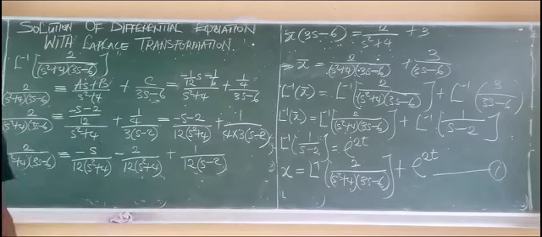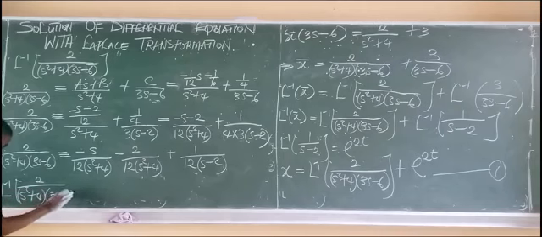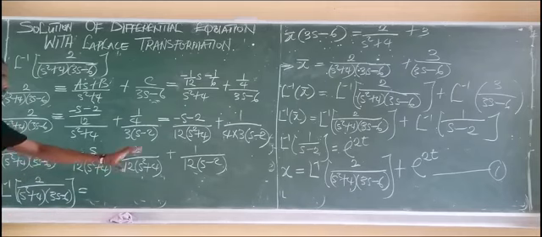Now, therefore, the Laplace inverse of 2 all over x squared plus 4 into 3x minus 6 is now obviously the Laplace inverse of the individual results.